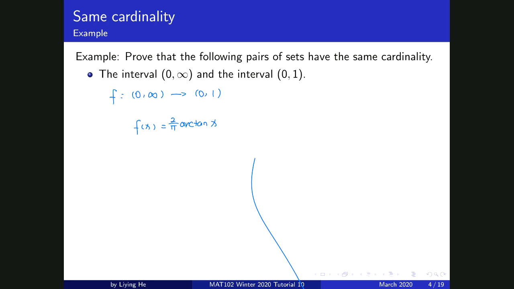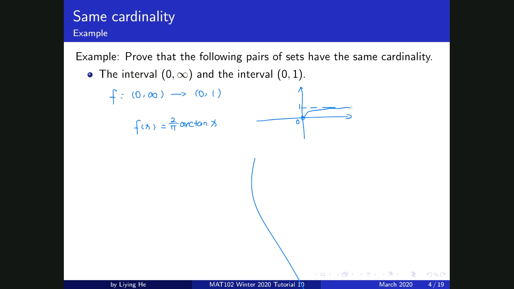Anyone want to share their function? In case you are wondering, this function would look something like this, where this is 1, 0. Okay, so we do not include this point.